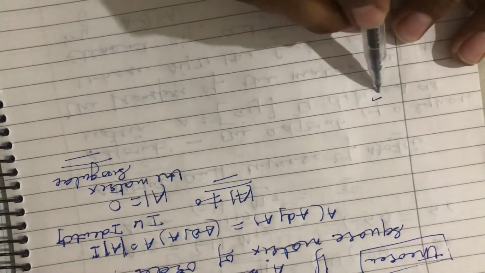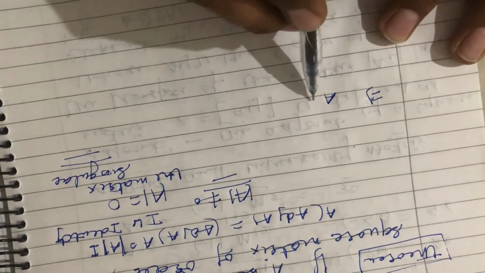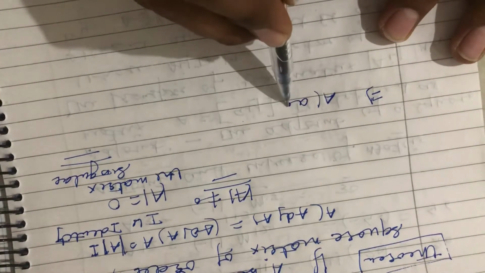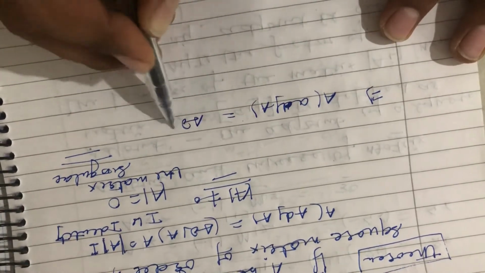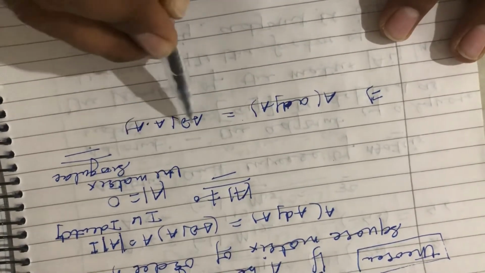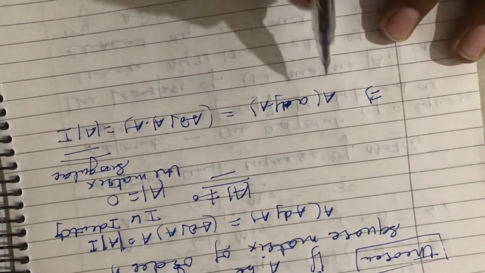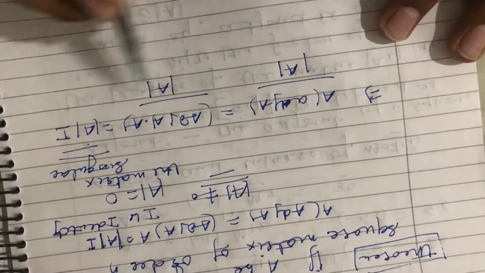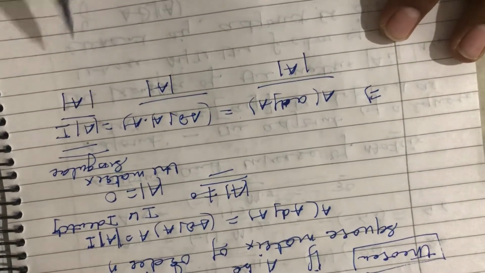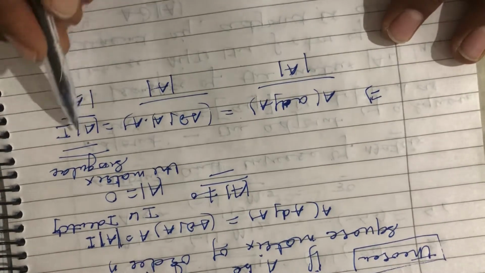At the same time, suppose we have A into adjoint of A is equal to adjoint of A into A, which is equal to determinant of A times I. Dividing both sides by determinant of A, it cancels out.